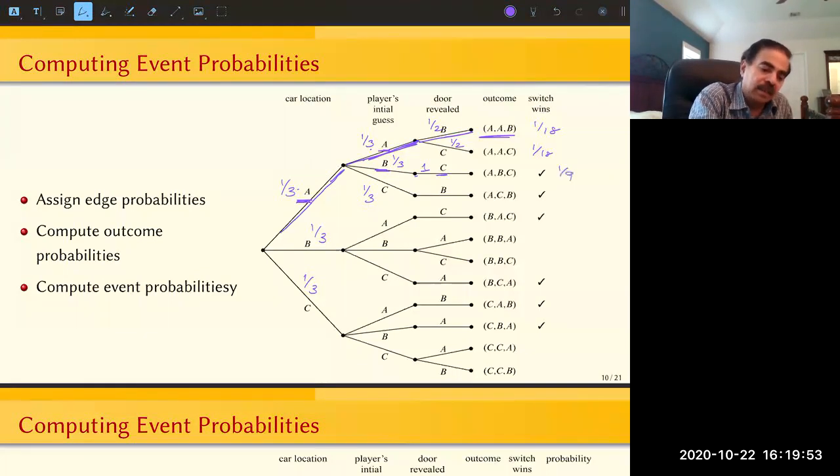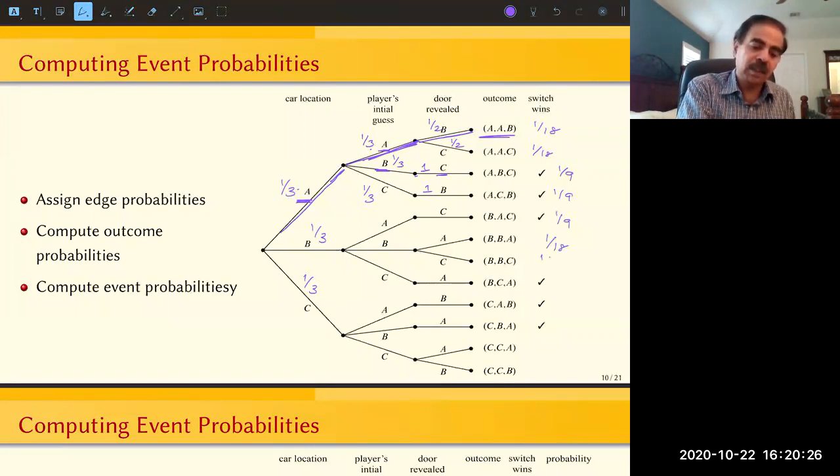And similarly, if the car is behind A and the contestant chooses C, then again, the host has only the choice of choosing B. So therefore, this path has a probability of 1 by 9. Okay. And what you will find is that this kind of pattern plays out everywhere. So all the tick marked ones will have a probability of 1 by 9, and the ones that have not been marked will be 1 by 18.